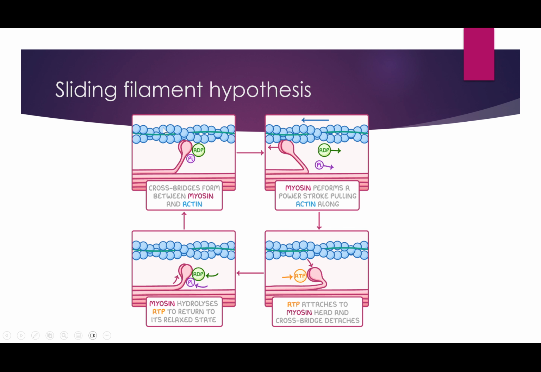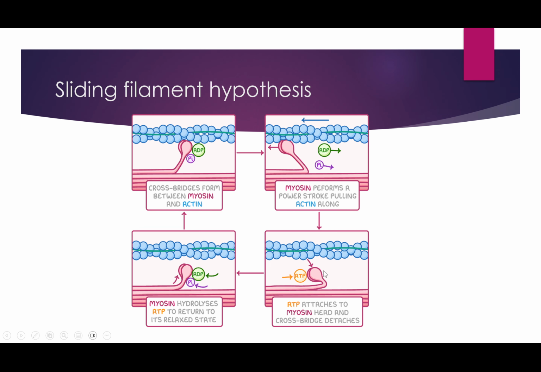So first of all, calcium binds to tropomyosin. Tropomyosin moves out of the way to reveal the binding site. Then the myosin head will attach to the binding site on the actin, forming an actin-myosin cross-bridge. ADP and Pi get released, and the myosin head tilts, does its power stroke, tilts forward, pulls the actin over it.